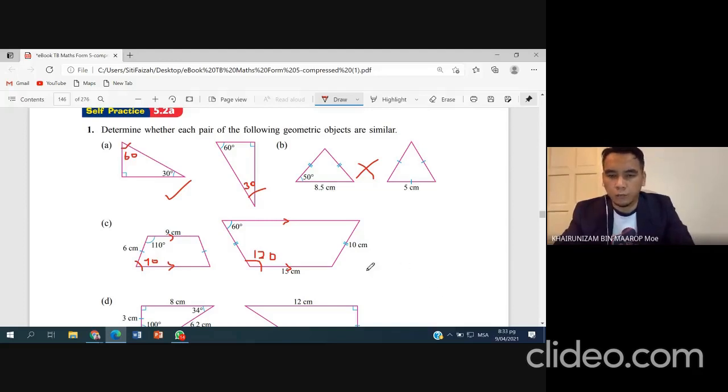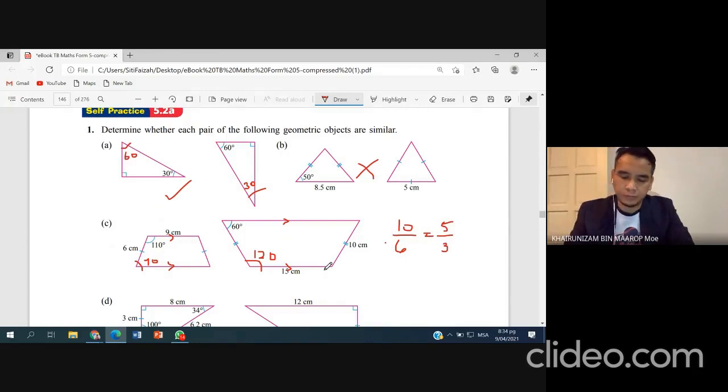Okay. If you look at the sides, we can get the same ratio, 10 divided by 6, we get 5/3.